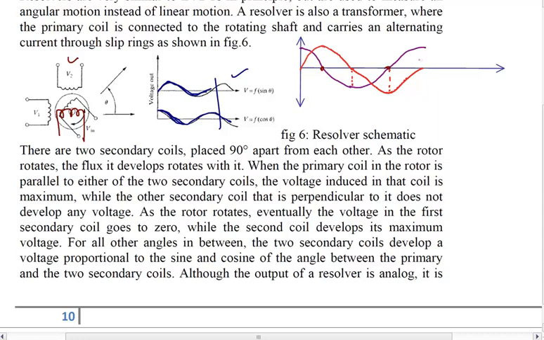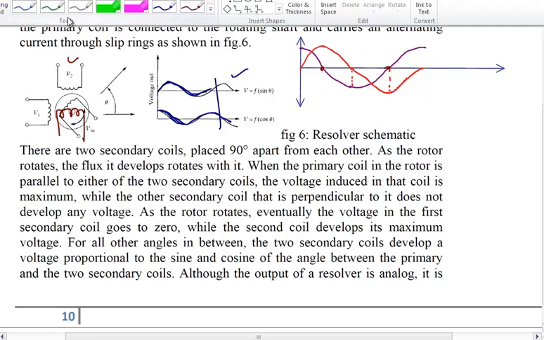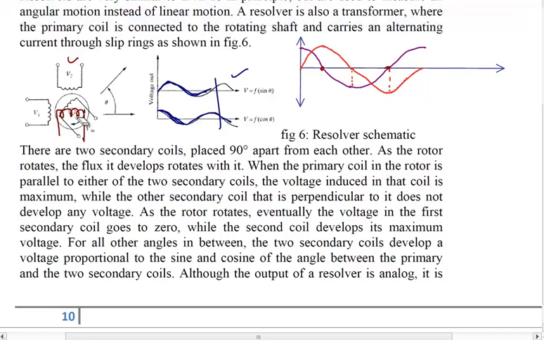Okay, now let me draw the same diagram, but this time it is going to rotate in the opposite direction. Okay, so let me again draw. So suppose if my winding is like this, and then it is going to go in the opposite direction.